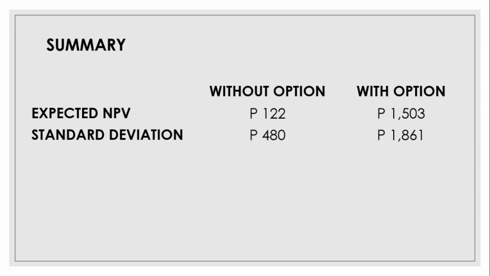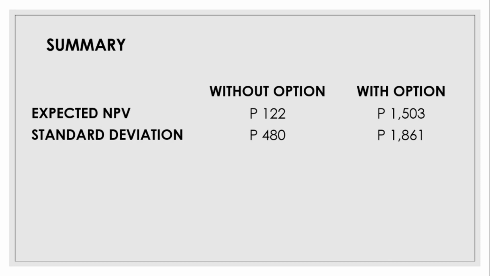On the other hand, the project with option has an expected NPV of 1,503 and a standard deviation of 1,861. If we look at the bare numbers, you can see that the project with option has the higher standard deviation.